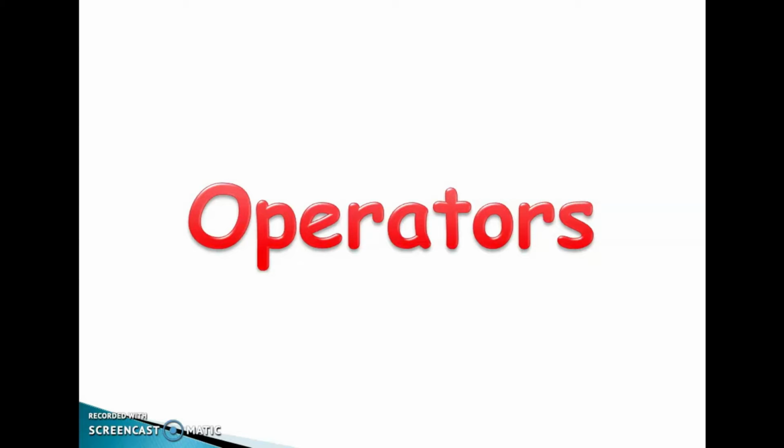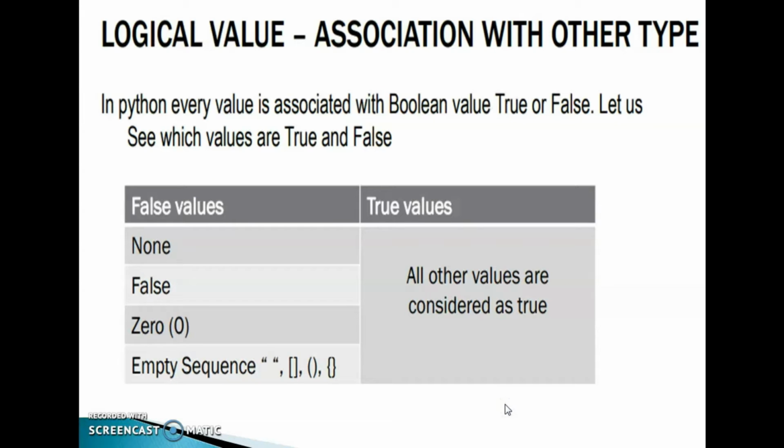Let's start today's class. The next one, logical value association with the other type. In Python, every value is associated with a Boolean value, that is true or false. Let us see which values are true and false.